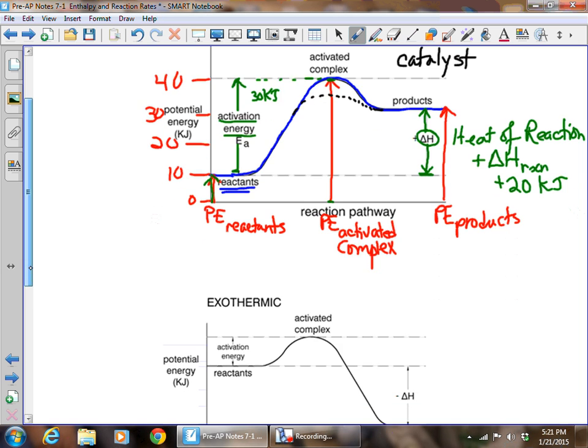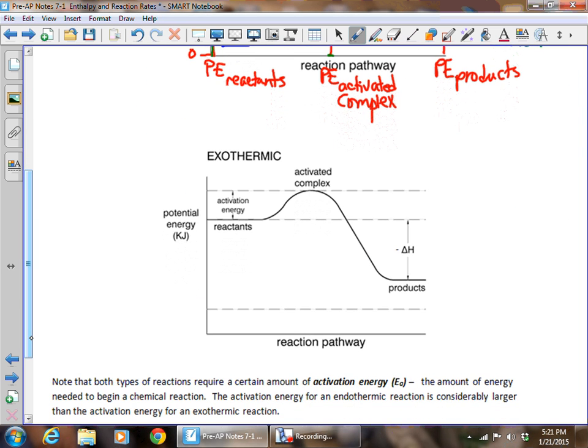Now let's look at our exothermic reaction. Look at the difference in an exothermic reaction. In our exothermic reaction, we still have the same situation where we have the potential energy of our reactants, and over here, the potential energy of our products.